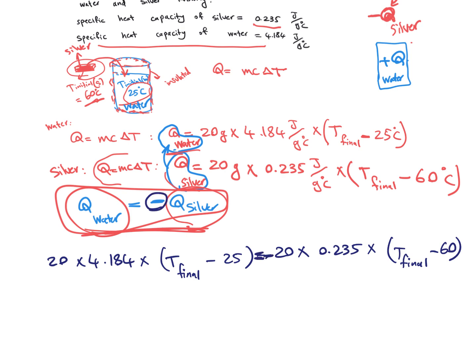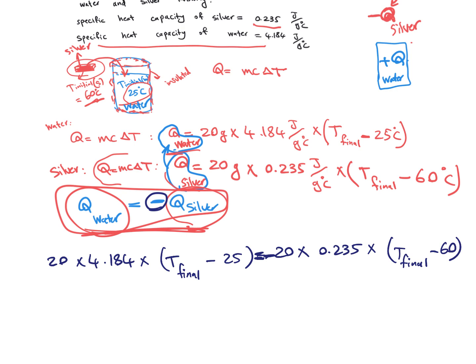Remember, one of them should be negative. And you can put it on either one, you just should remember these two numbers are equal in magnitude, but one of them is negative because the heat that goes out of the silver block that it releases would be gained by water.